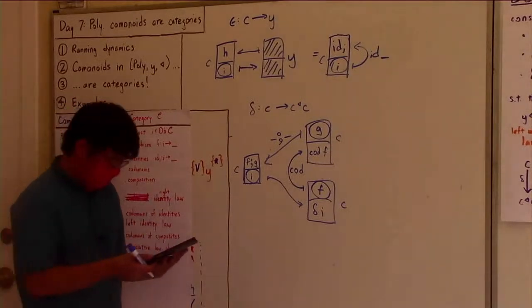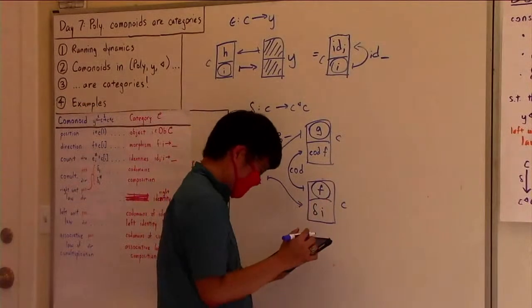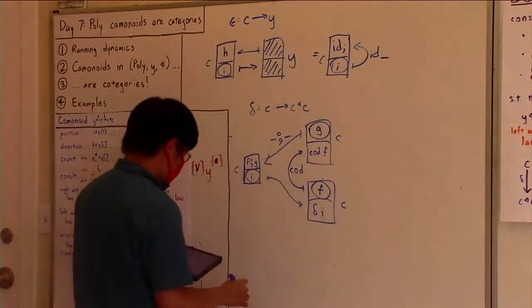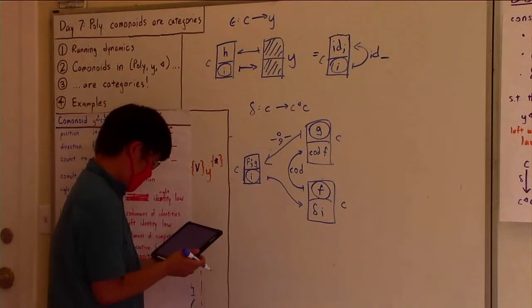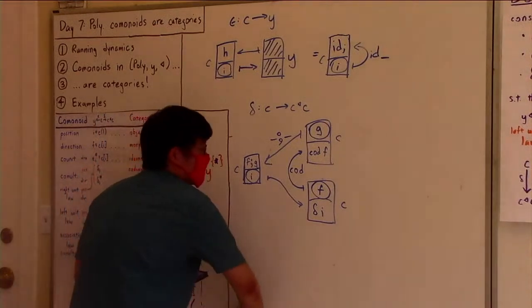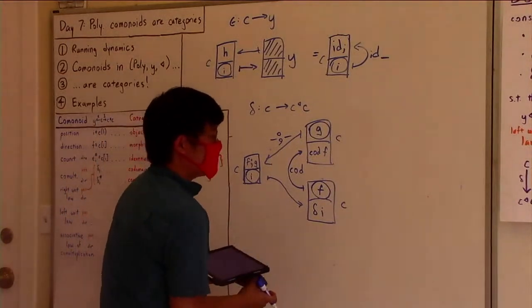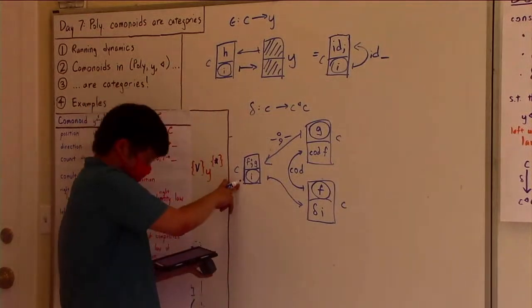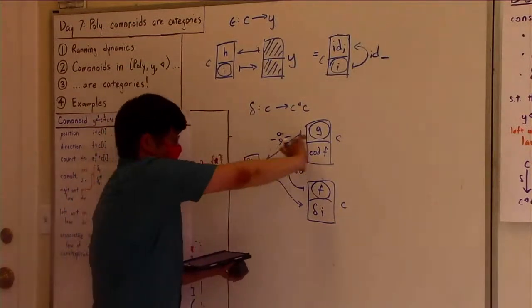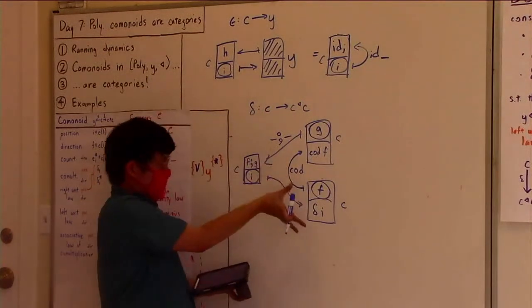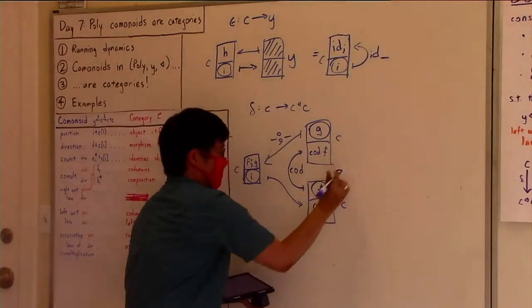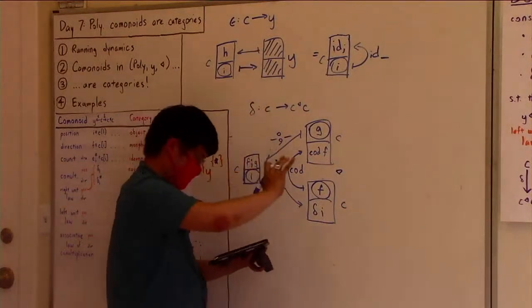And this is why, on positions, what the right unit law is saying is, let me just fill this in. The right unit law says that if we start from C, we duplicate it to CC. I'm saying right, but really, since we've oriented this whole thing upwards, it's like the upwards unit law.